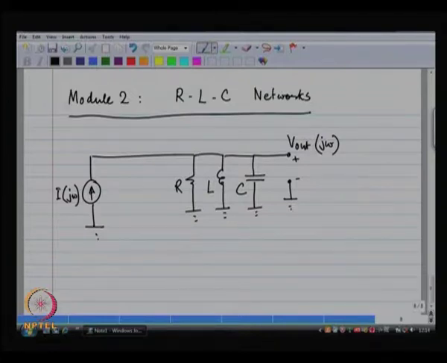To understand this, you use the Laplace transforms, you use traditional techniques, phasors, whatever you want to use, and R, L and C form 3 parallel impedances.